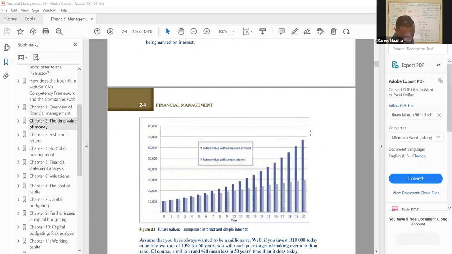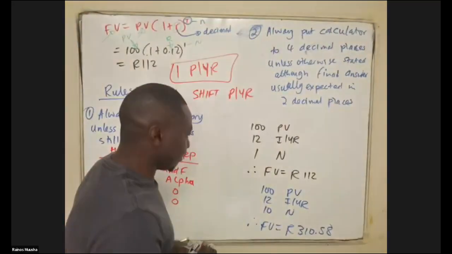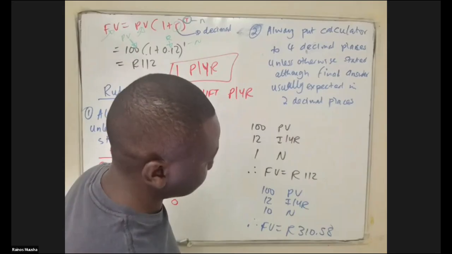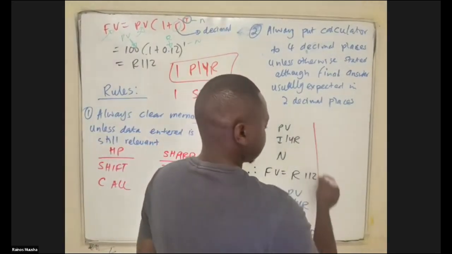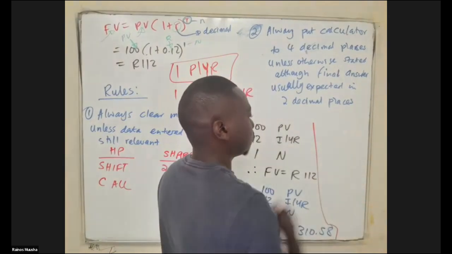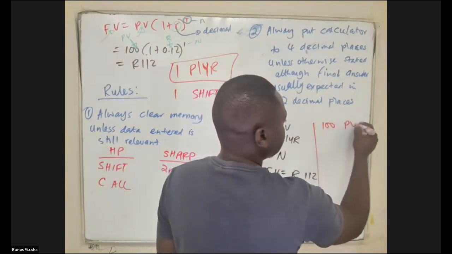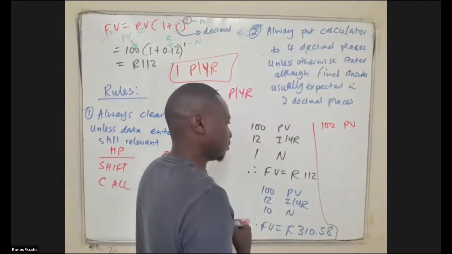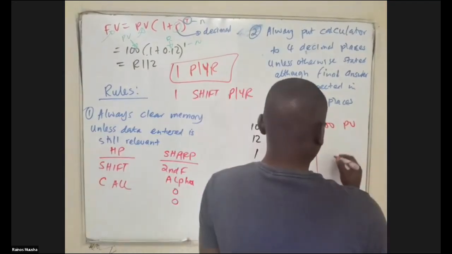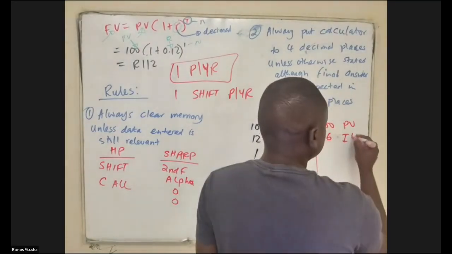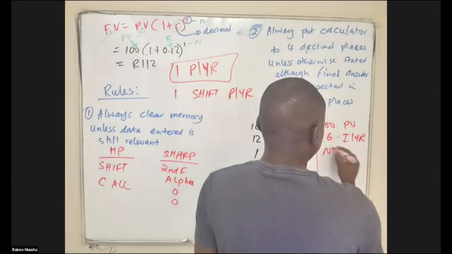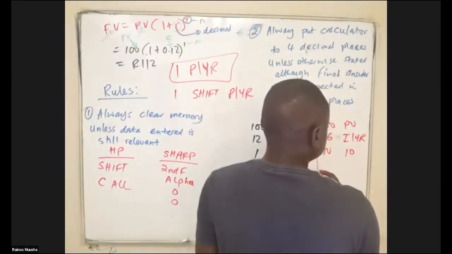Now, remember here, we were earning an interest of 12% per year. Let's look at another example where we are going to be earning an interest of 6%. So 100 is your present value, 6% is your interest, and your N is equal to 10.